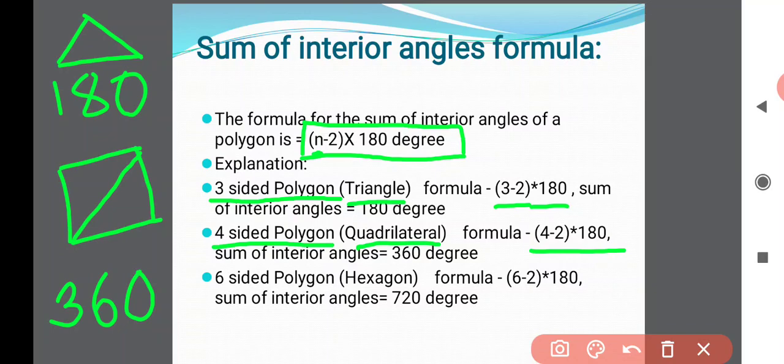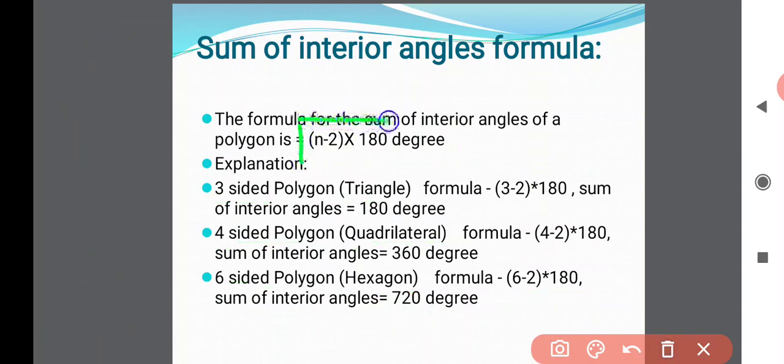Similarly, for the six-sided polygon, the hexagon, the number of sides is 6. (6 minus 2) into 180, and I get the sum of the interior angles as 720. I hope you all have understood. For triangles I already knew the result, but now with this formula we can calculate the sum of all the interior angles of n-sided polygons.